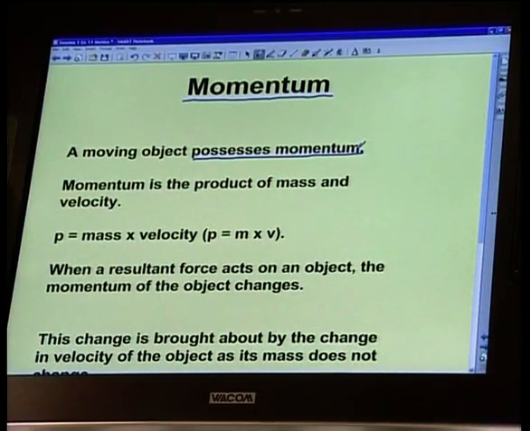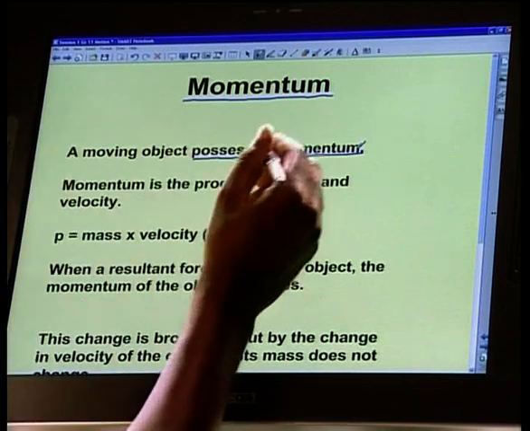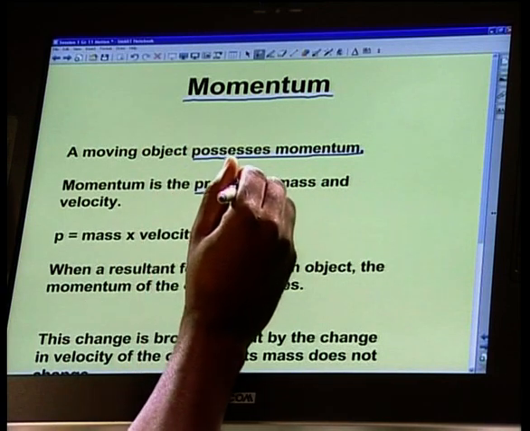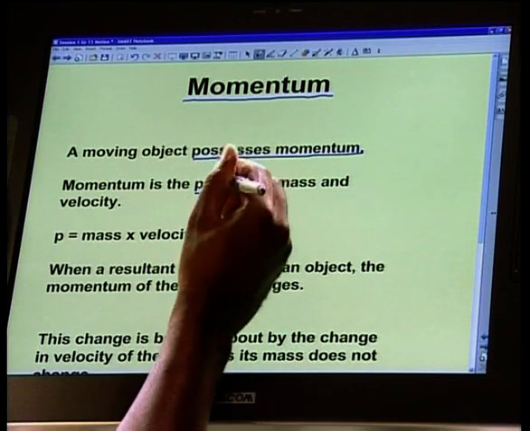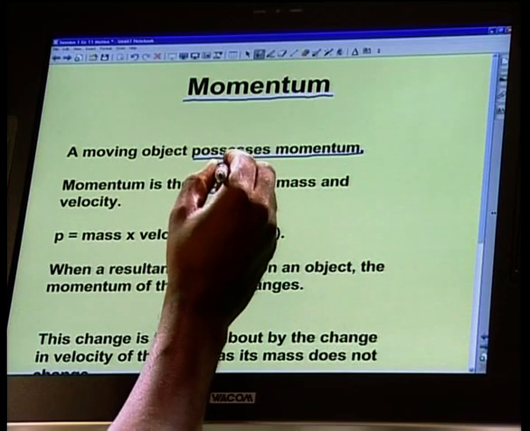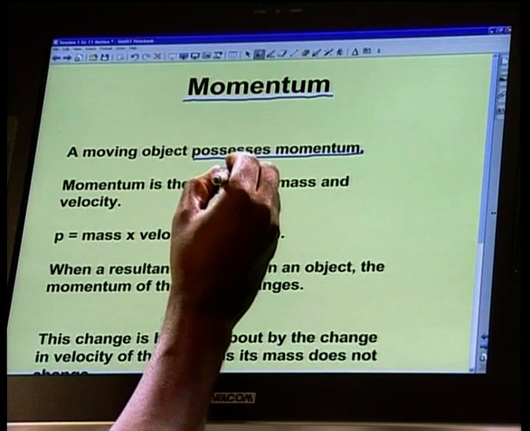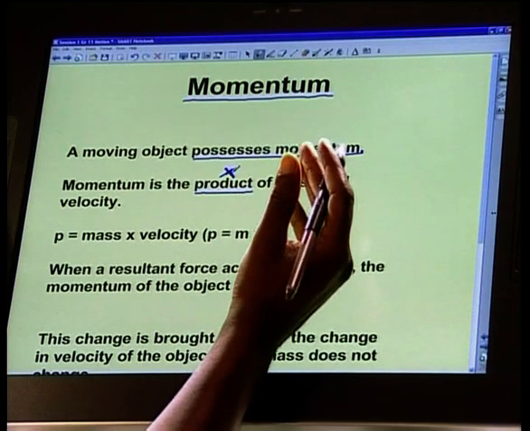Now, when we define momentum, we say momentum is the product. This is very important. Product is a mathematical term. When we talk about a product in maths, we associate it with a multiplication sign. It is the answer that we get from multiplication. So momentum is a product of mass and velocity.